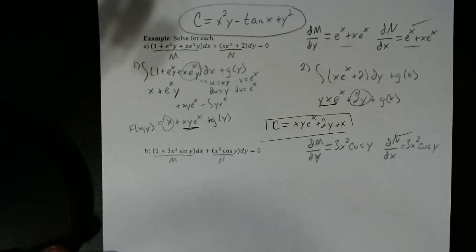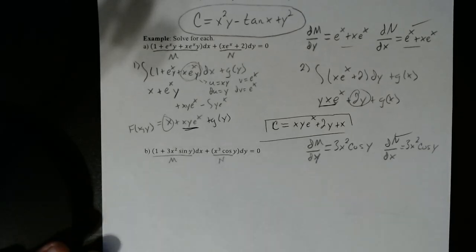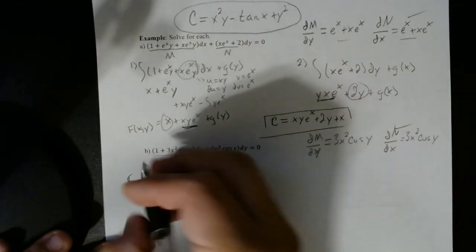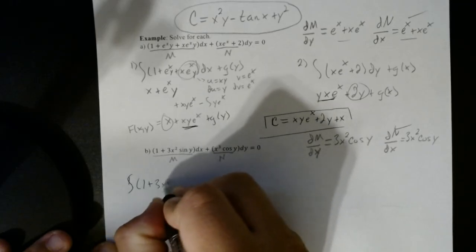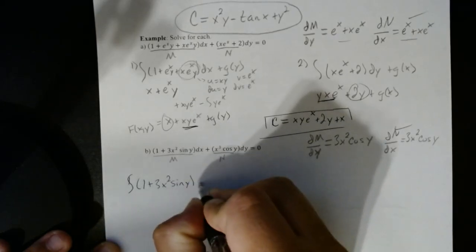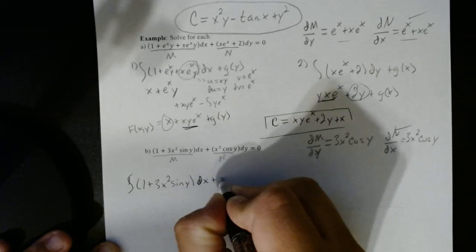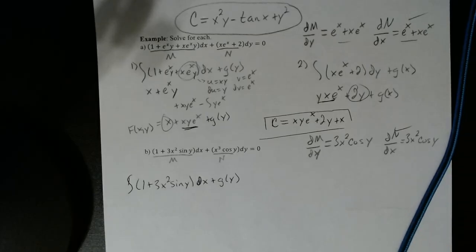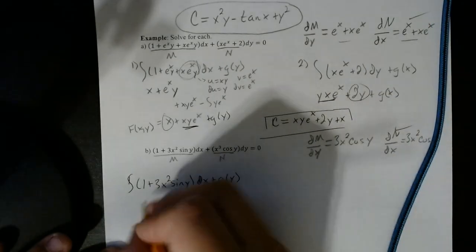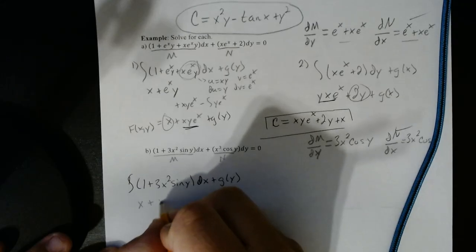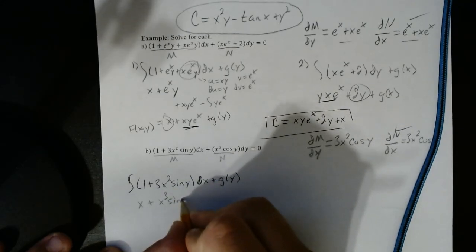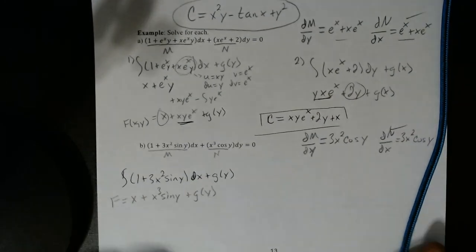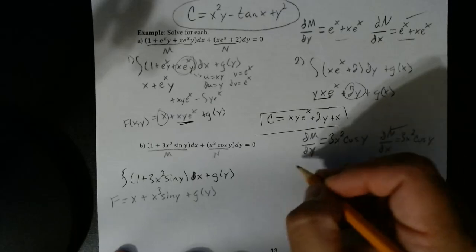Right, so now we go into the integration process. It's the integral of m first. So 1 plus x to the third times y plus g of x. Okay, same process over here.